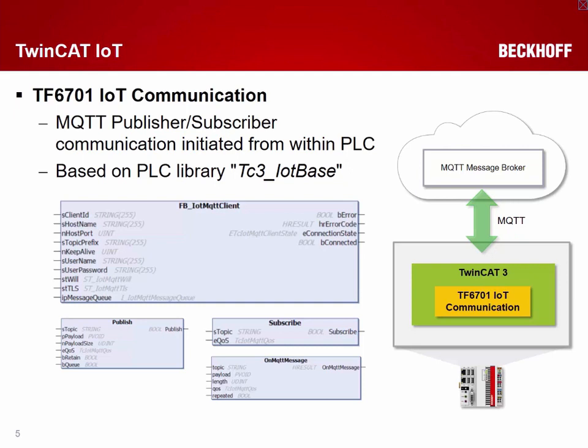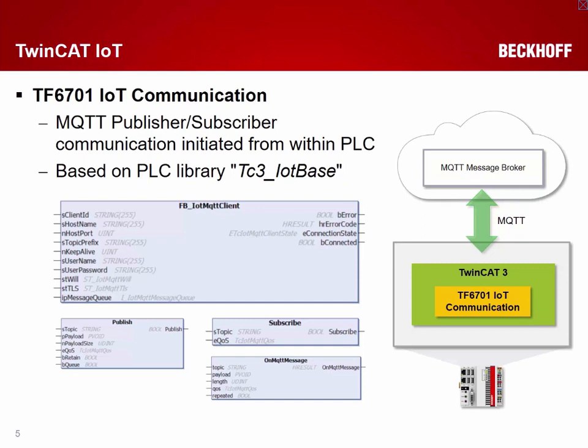So you have different function blocks available, which enable you to, first of all, establish connectivity with the so-called MQTT message broker, which can sit anywhere. It can sit in the public cloud, it can sit in the local network, so it's only a piece of software, and you can even install it on an industrial PC if you want.